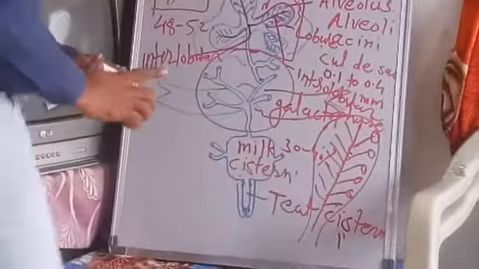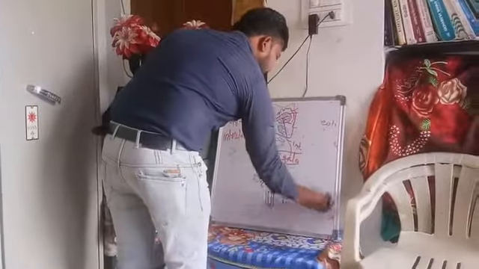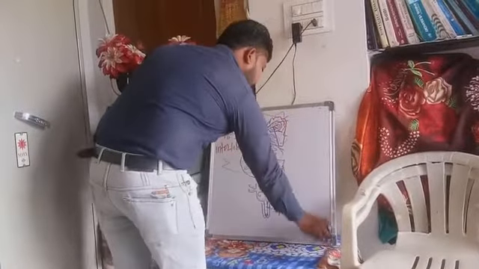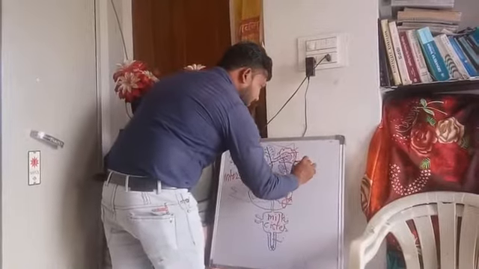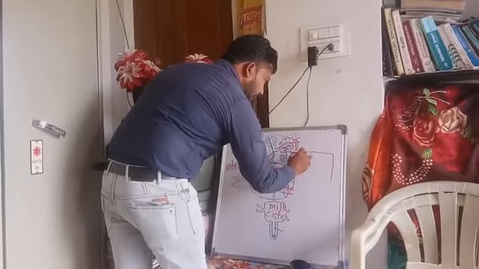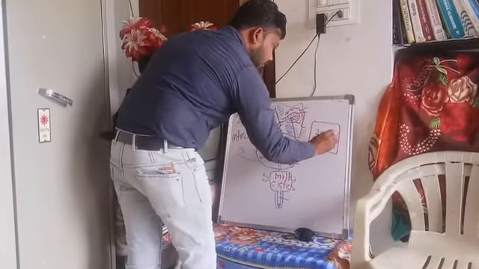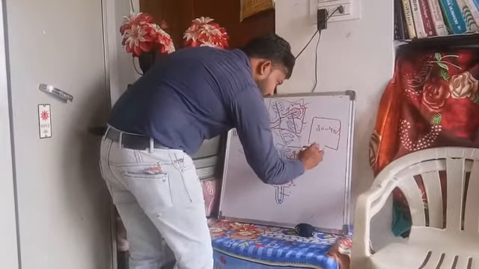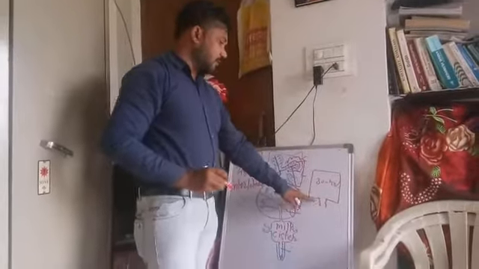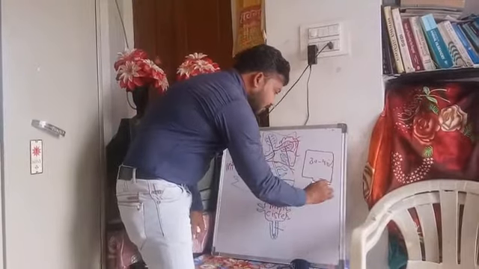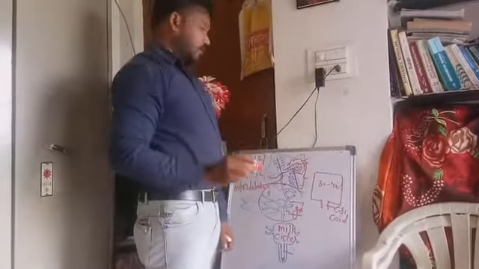When we observe the enlarged structure, suppose this is the gland cistern, it holds 30 to 40% of milk, but here such a fold is present, and this is called a cricoid fold.